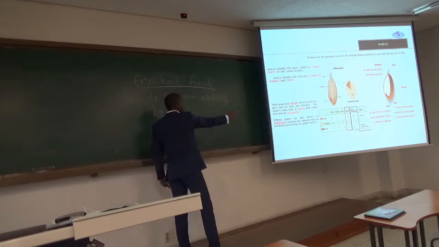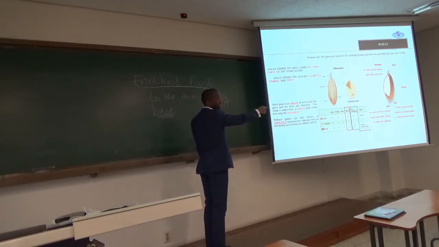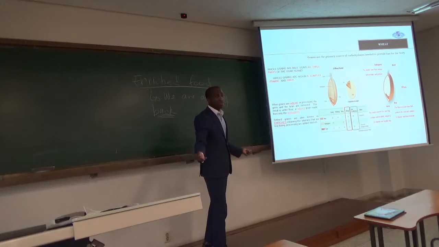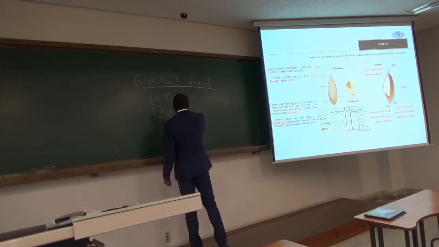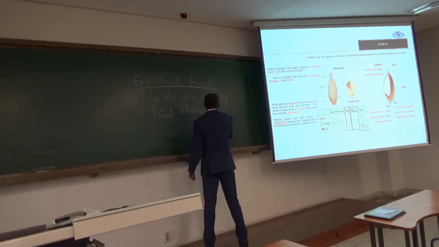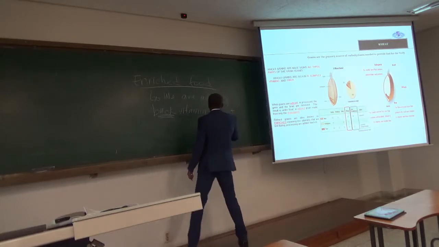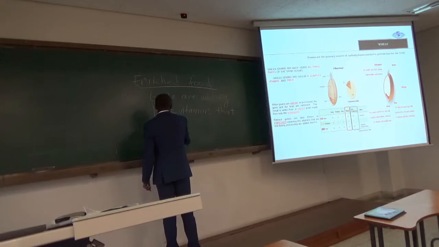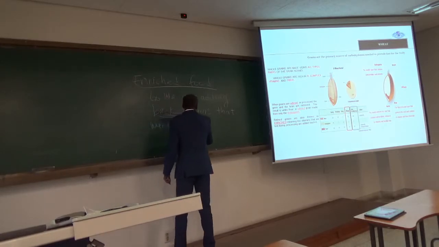For example, in this case, what are we adding back? Vitamins, right? So we are adding back vitamins, or you can say all the nutrients, that were lost during processing.